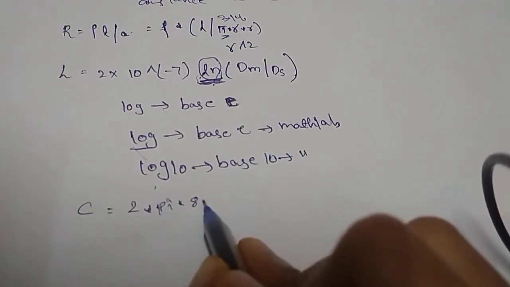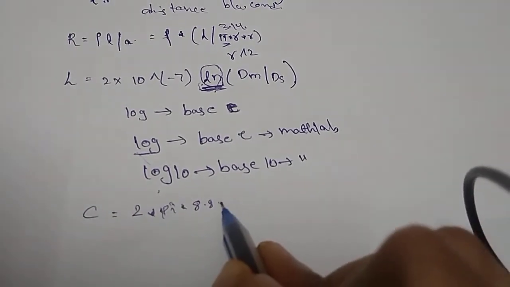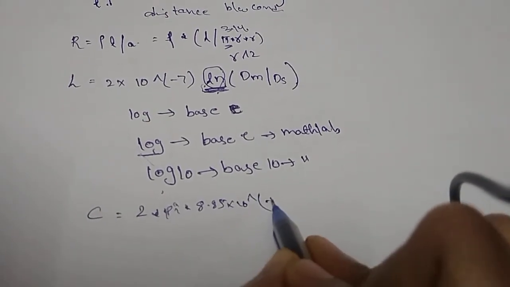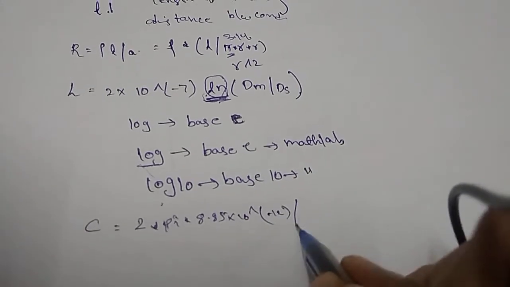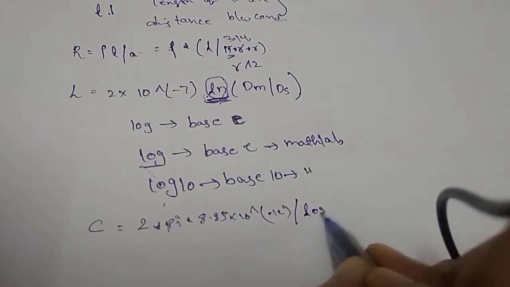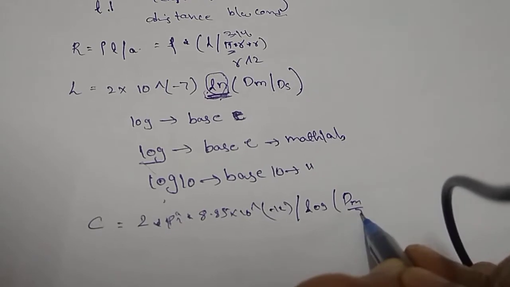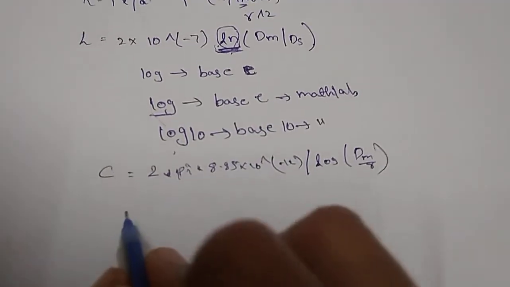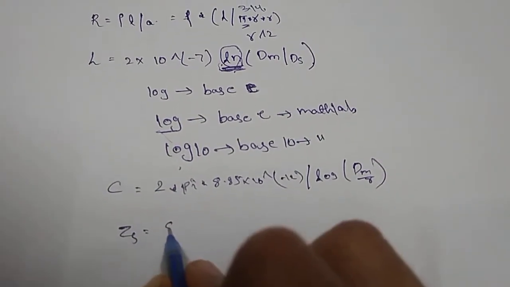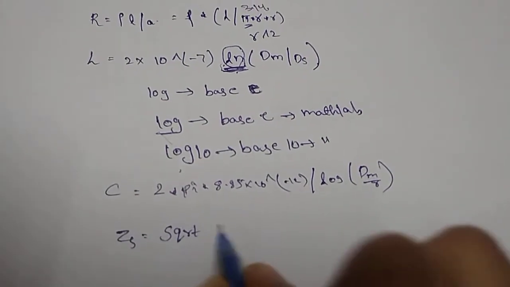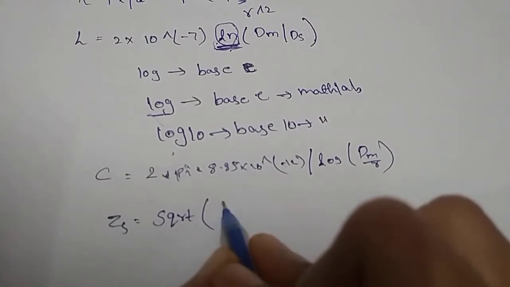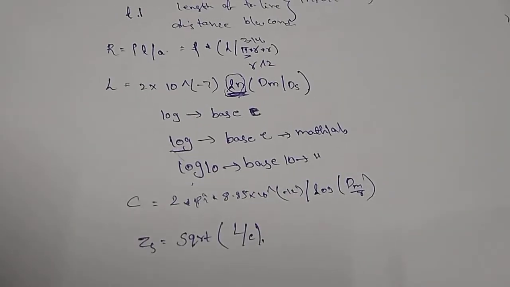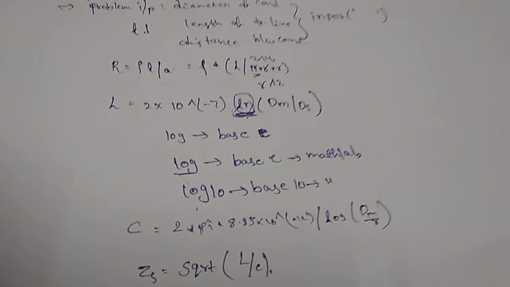So directly substitute the epsilon naught value 8.85 into 10 power minus 12, and log of dm by r. You can directly assign that value. After that, to find out the surge impedance, for the square root you can go with the sqrt function. After using your display functions you can display the R, L, C and Z values.